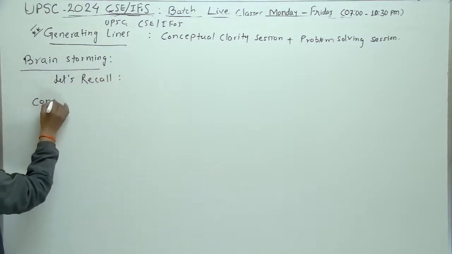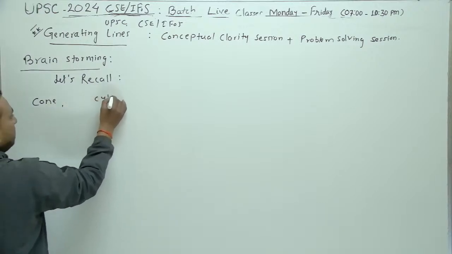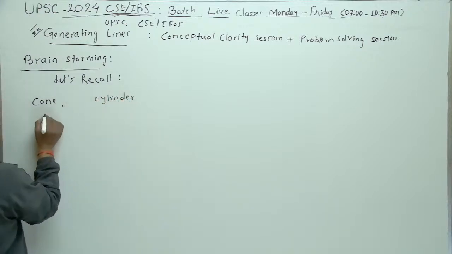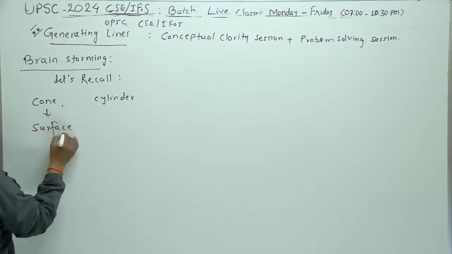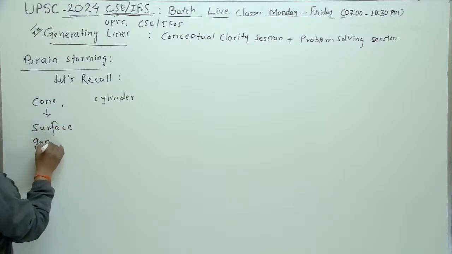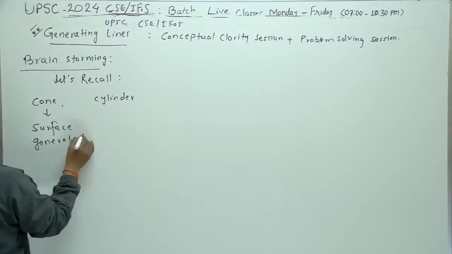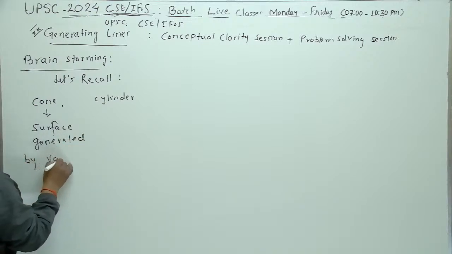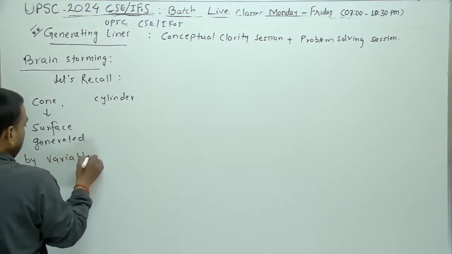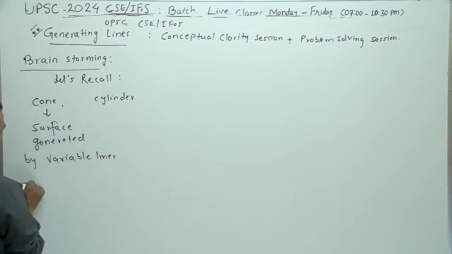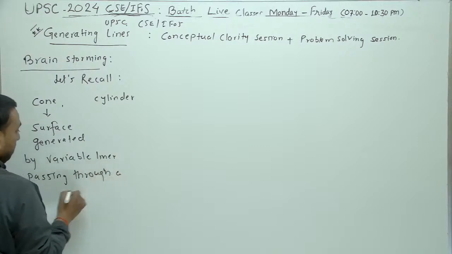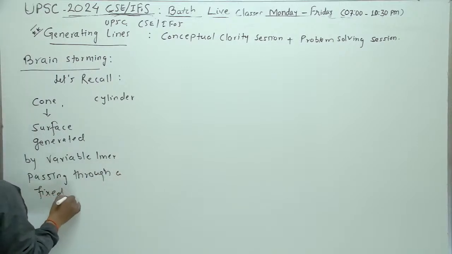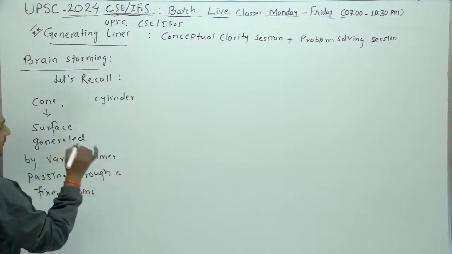Cone, cylinder. What I said? It is a surface generated by variable lines passing through a fixed point. Okay, dear fellows.